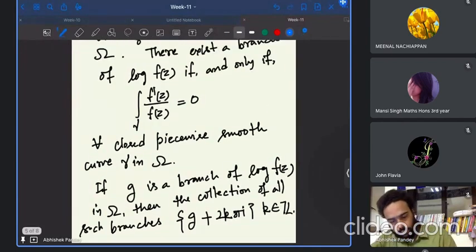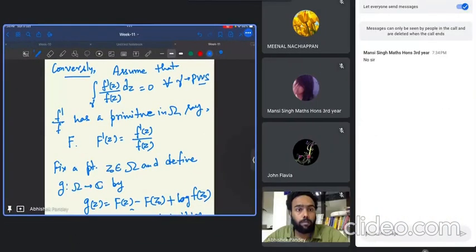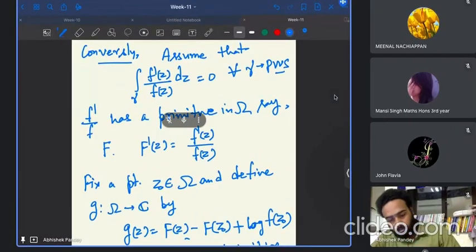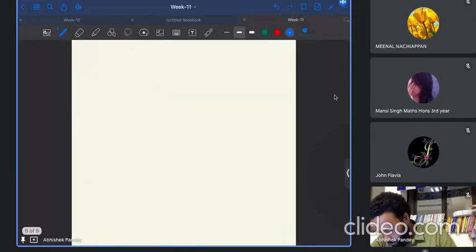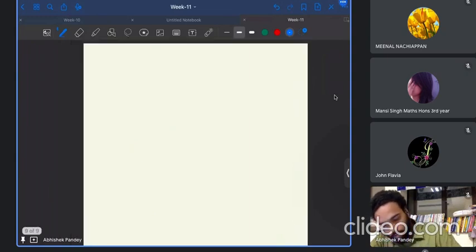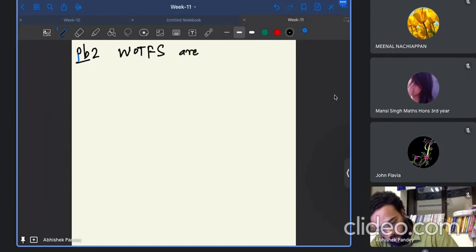So with this theorem, what we can do is we can now prove this one. The consequences: with this theorem in mind, let us do this problem. Which of the following statements are true?